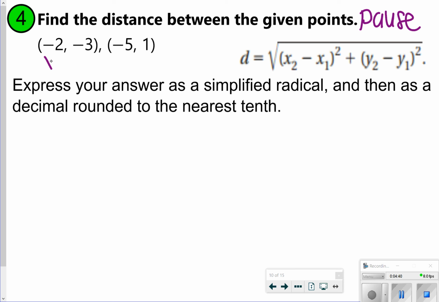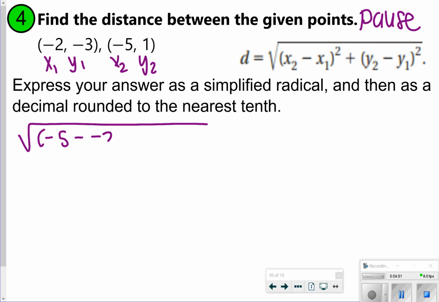So on number 4 again, I just said my first set is x1, y1, second set is x2, y2. So plugging this in, I'm going to have -5 minus -2 for x2 minus x1 squared plus 1 minus -3 squared. Remember, minus and negative is going to change to plus positive. So plus positive for both of those.